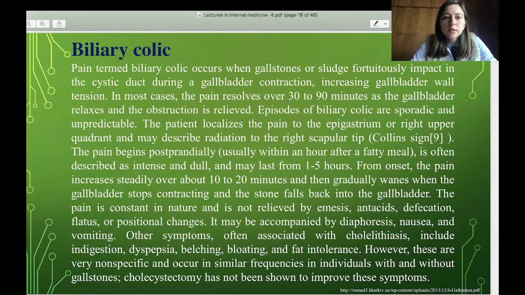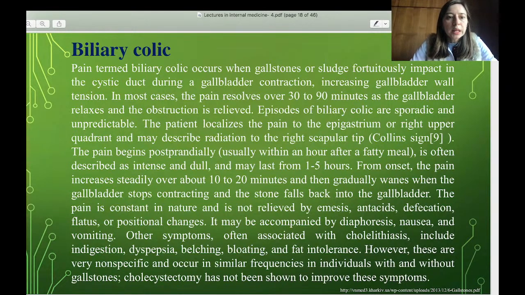In most cases, the pain resolves over 30 to 90 minutes as the gallbladder relaxes and the obstruction is relieved. Episodes of biliary colic are sporadic and unpredictable. The patient localizes the pain to the epigastrium or right upper quadrant and may describe radiation to the right scapular tip.